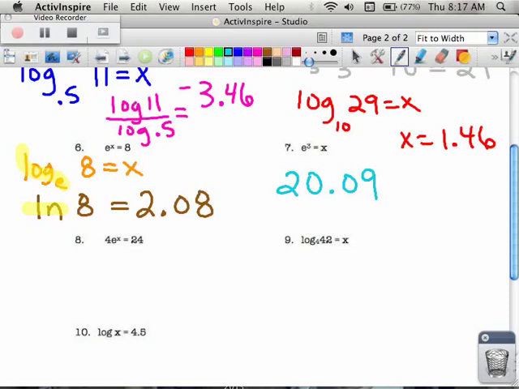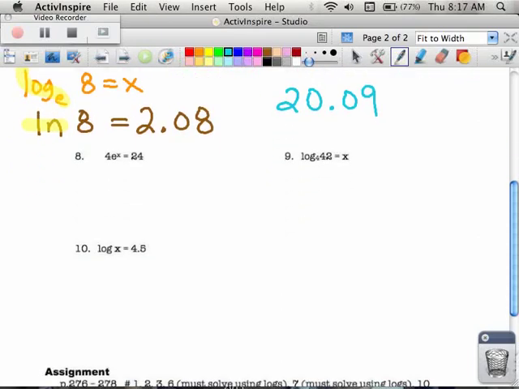Number 8. They try to add in some extra stuff for us to do. So in number 8, before I can do anything with logs or e's and anything like that, I need to get rid of that 4. So I'm going to divide both sides by 4. And I get e to the x is 6. And then because I want to find the answer to the exponent, that's why we use logarithms.